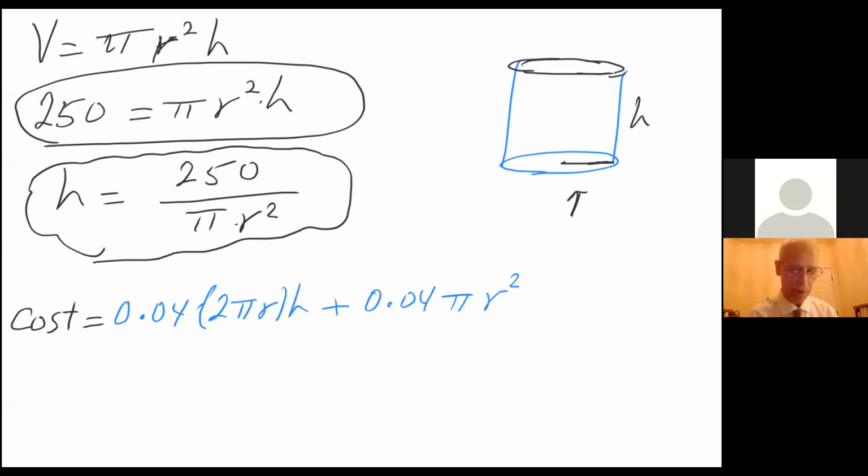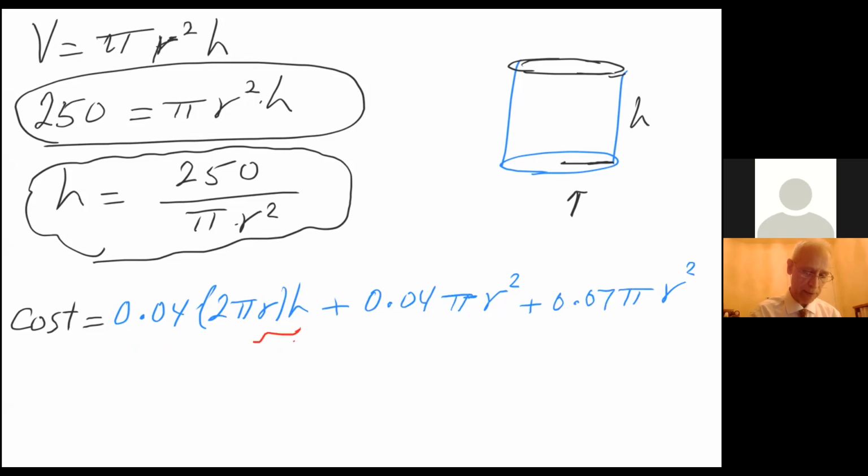And I have to remember that the top costs 0.07 pi r squared.